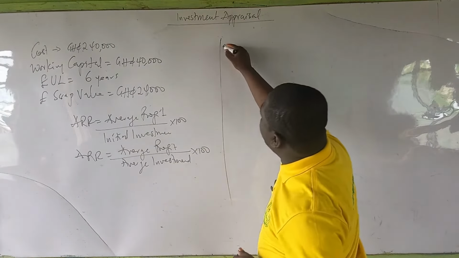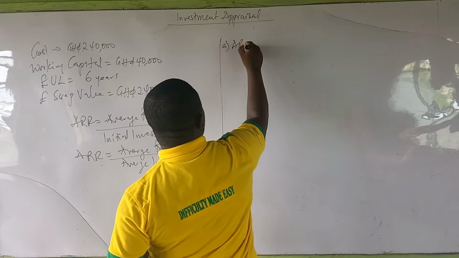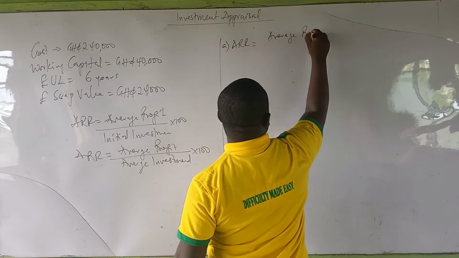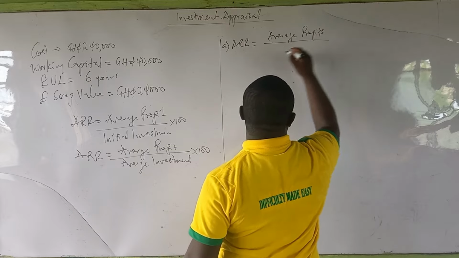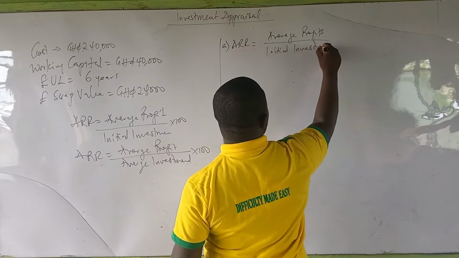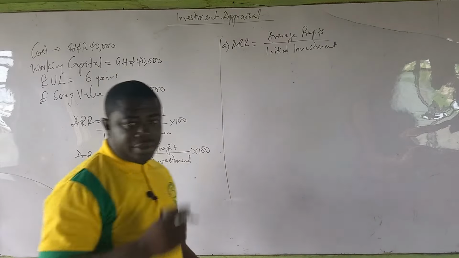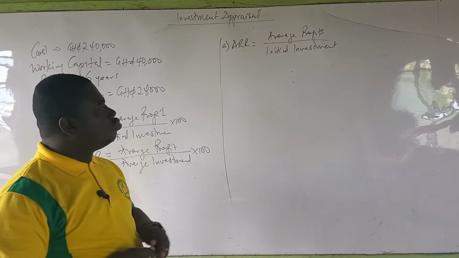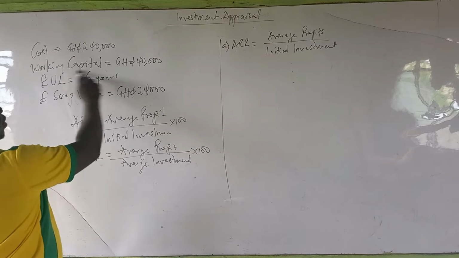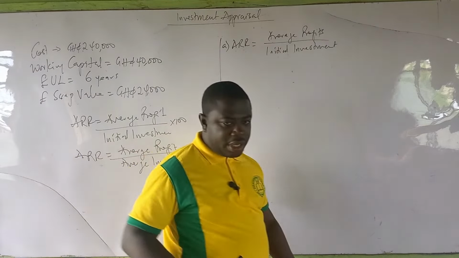Okay, so requirement A, accounting rate of return equals to average profits over initial investment. Now, even though we are saying initial investment, we are not using only the initial cost. Remember that the working capital is also an investment. Take note.